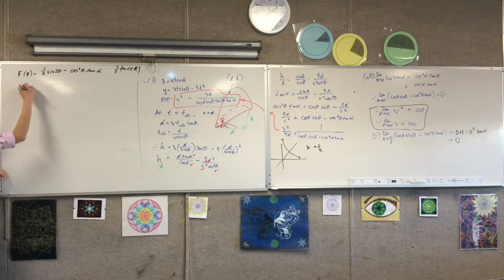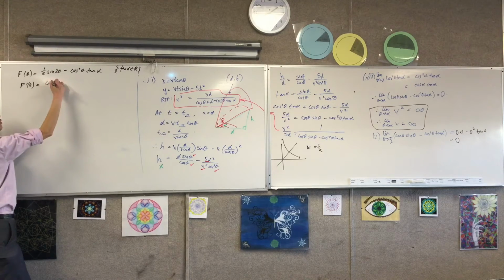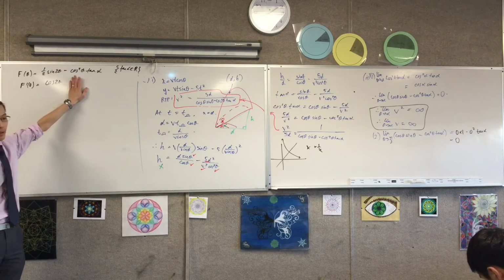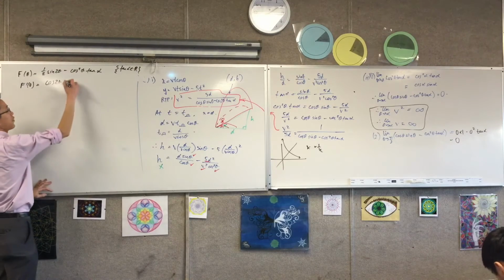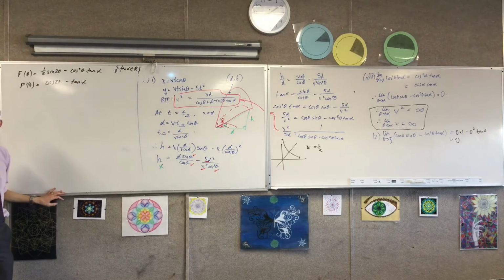Okay, I'm going to differentiate now. So f dash, what would you like me to do, right? Okay, so the 2 and the half, they just cancel. Now I notice this is cos theta all squared, right? So first thing I'm going to do is put that constant at the front, it doesn't affect my derivative.